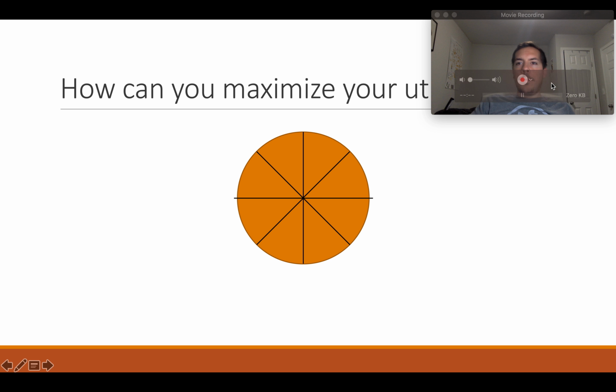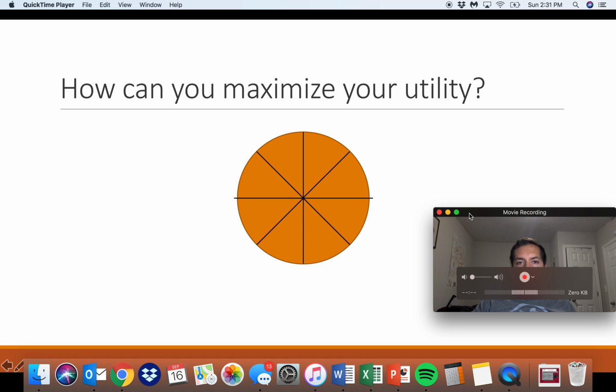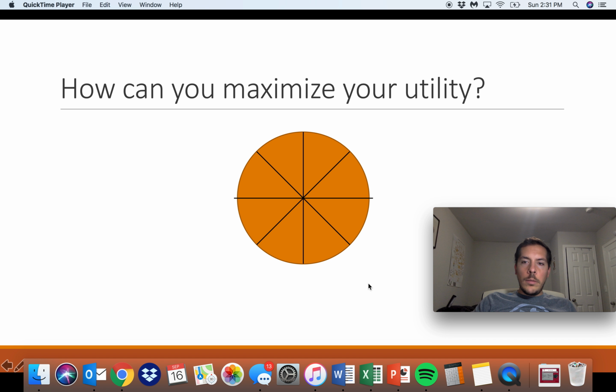So let's take this for a moment as if this is a slice of pizza. How can you maximize your utility? Well, if you're extremely hungry, you maximize your utility by eating all of the different slices, right? But let's say now that there are 8 of you.